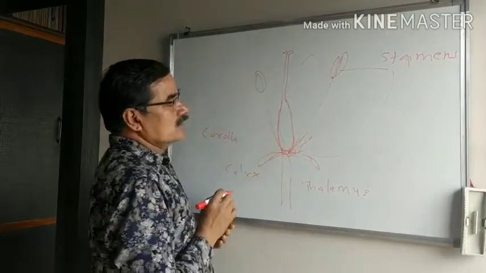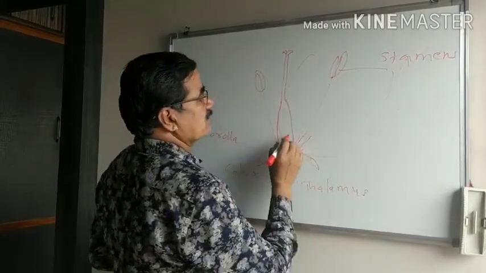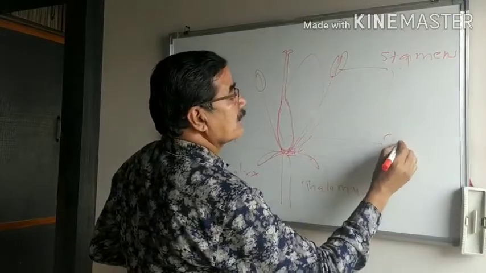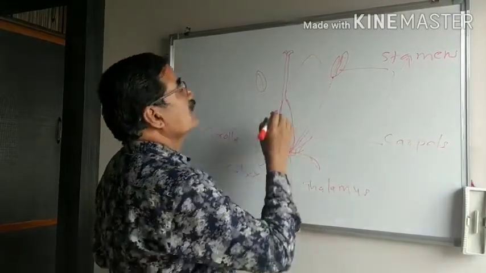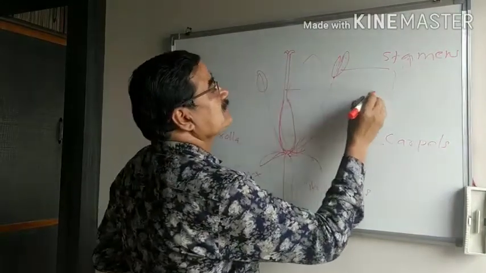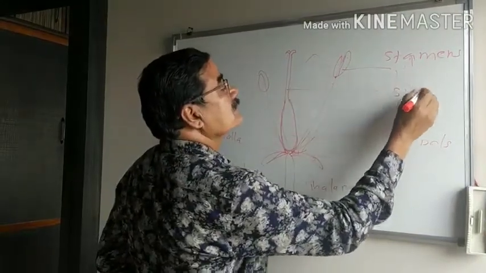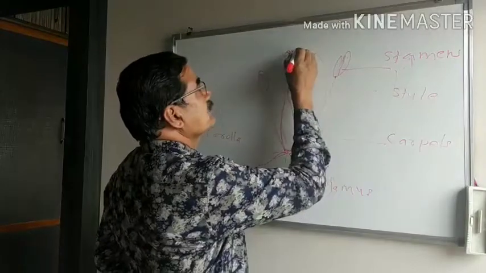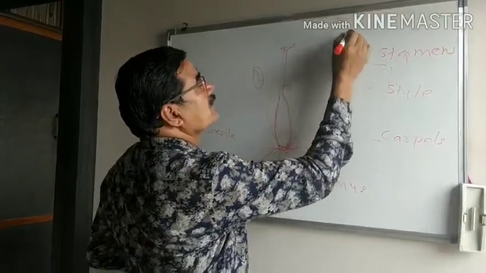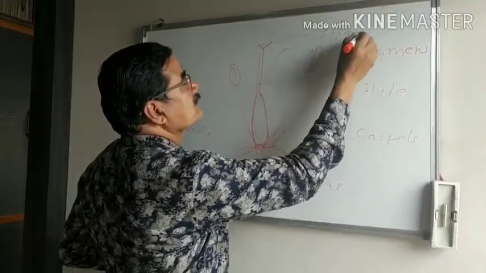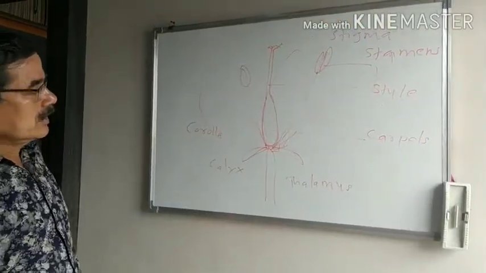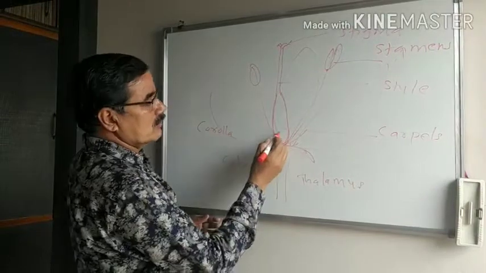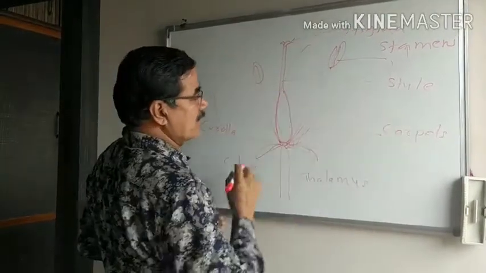Each gynoecium consists of carpels. It has the style, and on the top it has the stigma. The individual member of the gynoecium is known as the carpel.